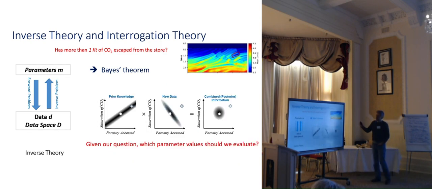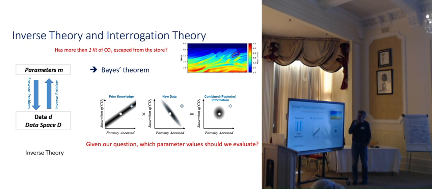So the way that Bayes' rule might be applied in this sort of scenario is we might use the information from our image to try to work out how much of the porosity above the reservoir has been accessed by leaking CO2.